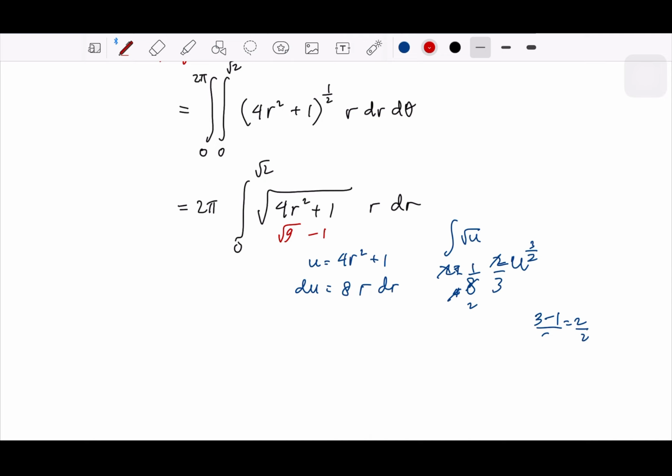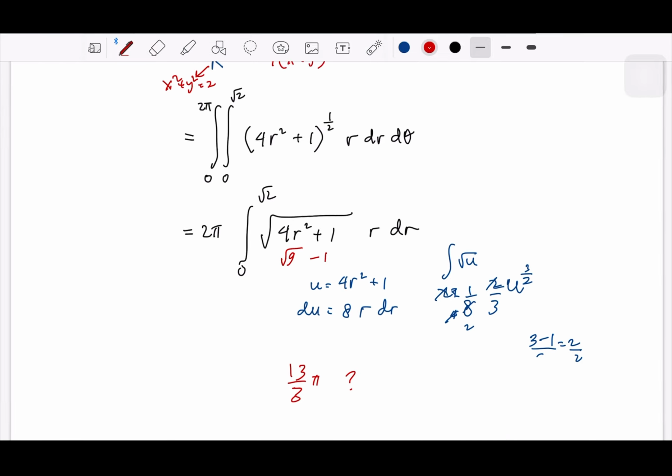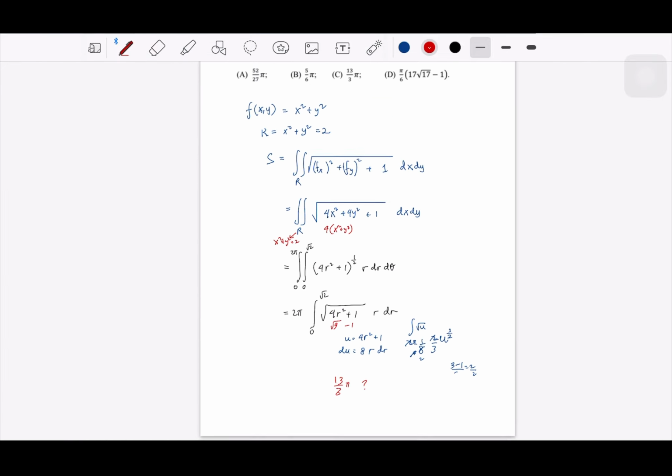Is it 13 over 3 pi? Hopefully you can get the idea from here.